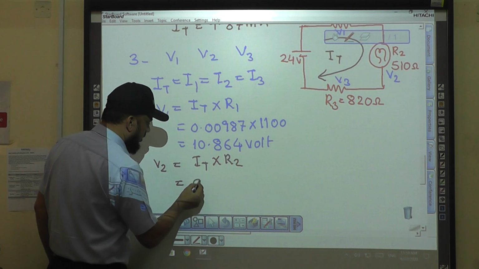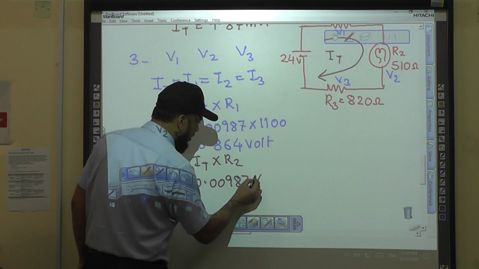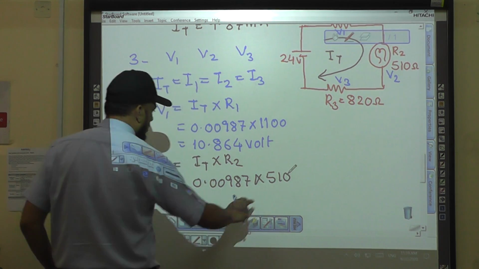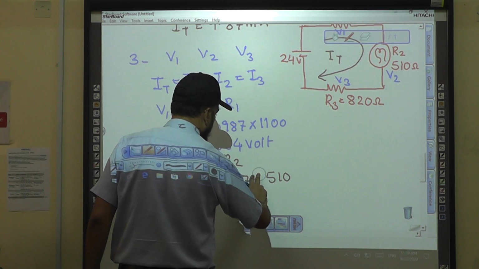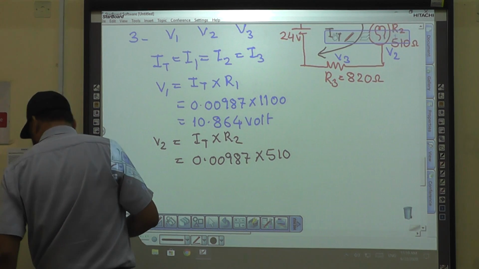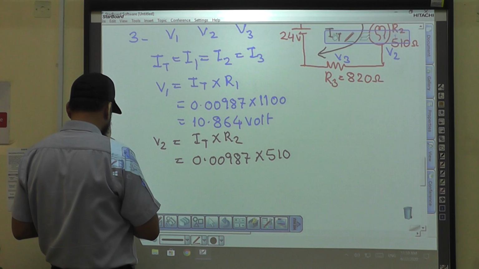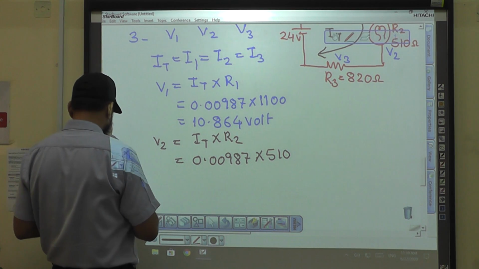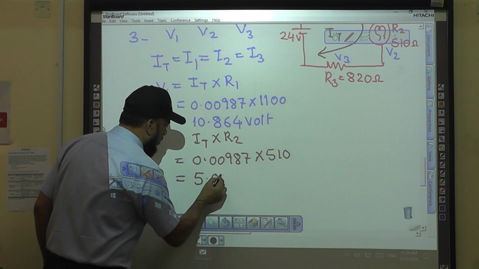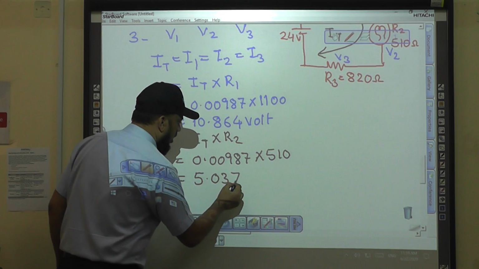So again 0.00987 times 510. You can calculate this as 5.037 volt.